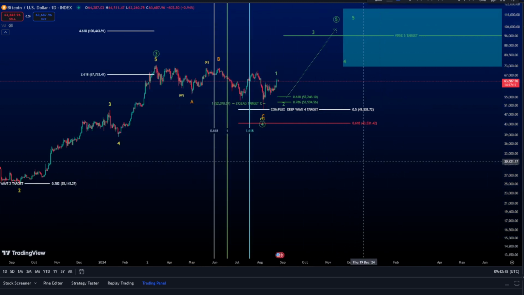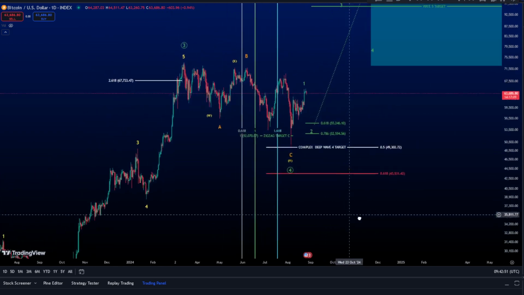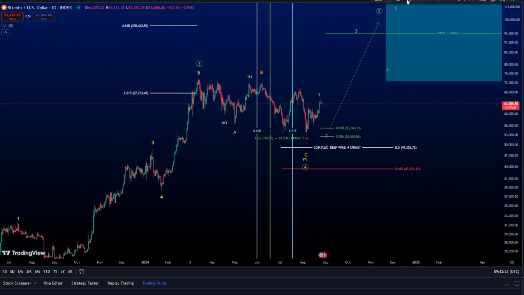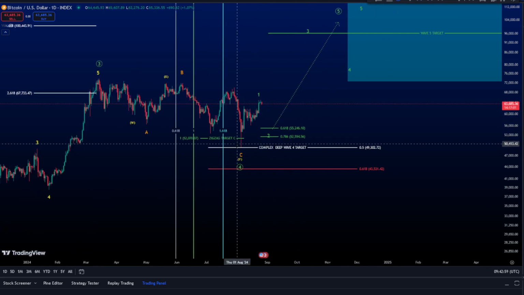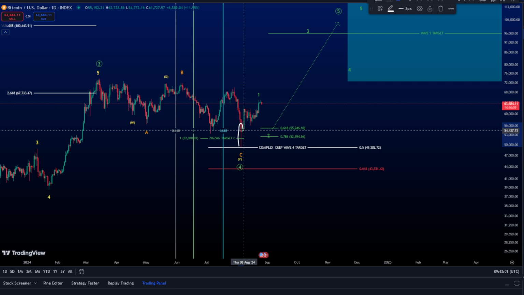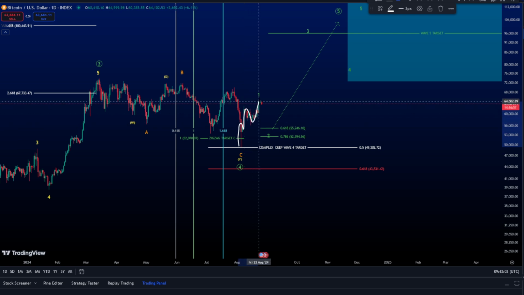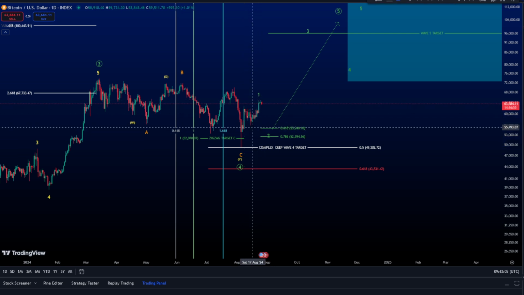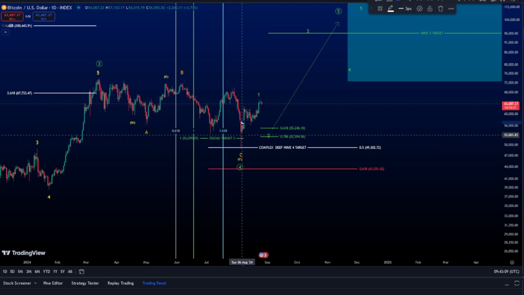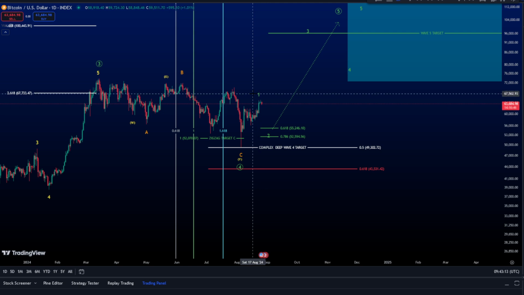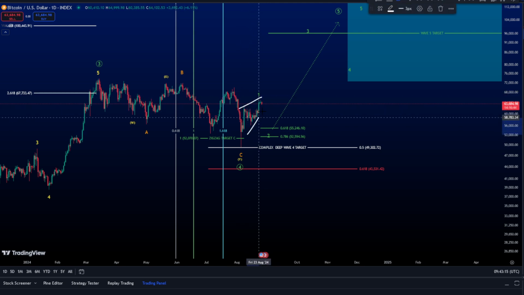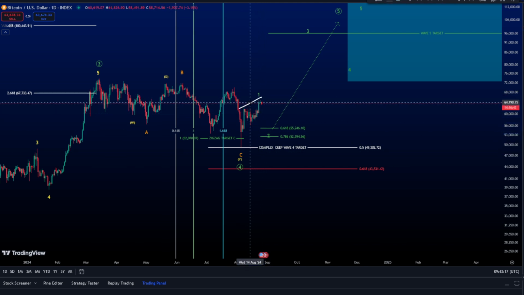Now, in that wave 5, we have started to see an unfolding wave 1, possibly finished here after having almost a 1, 2, 3, 4, and 5. However, here the wave 4, of course, overlaps with the wave 1, which is not really an impulse. It could be more of a contracting diagonal towards the upside.